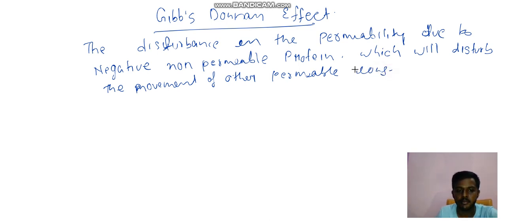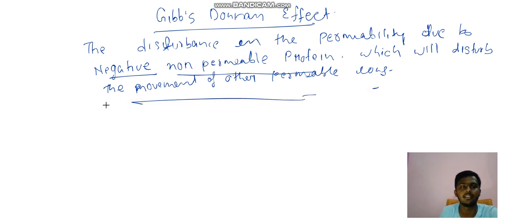So what I told, in the Gibbs-Donnan effect, the disturbance in the permeability is due to negative non-permeable protein, and that will disturb the movement of other permeable ions, like sodium and potassium.